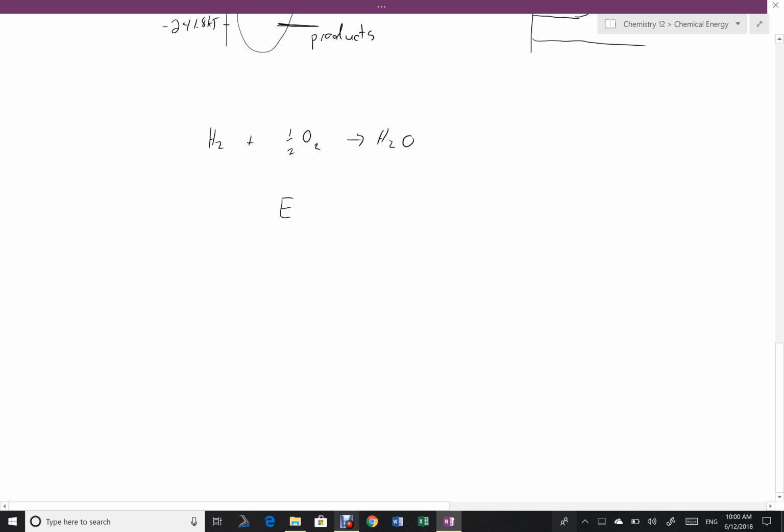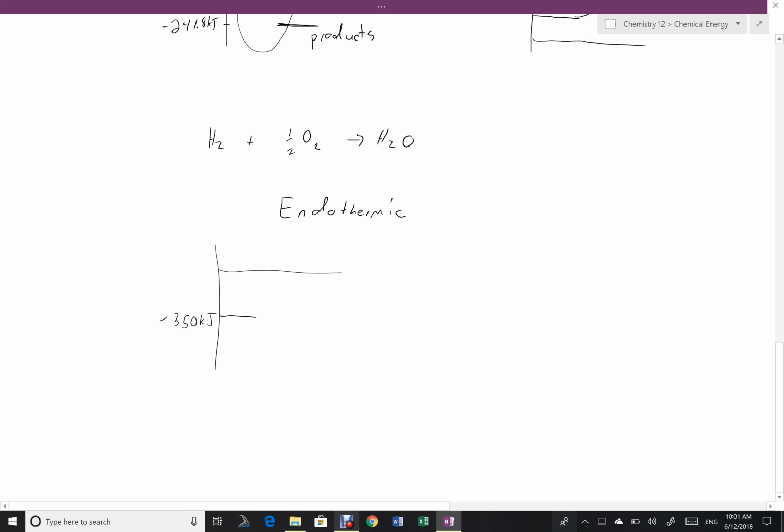Finally, a chemical potential diagram for an endothermic reaction. Here, we might say that NaCl, sitting as a solid, sits somewhere down here at some value. I'm just going to make this up, like negative 350 kilojoules.